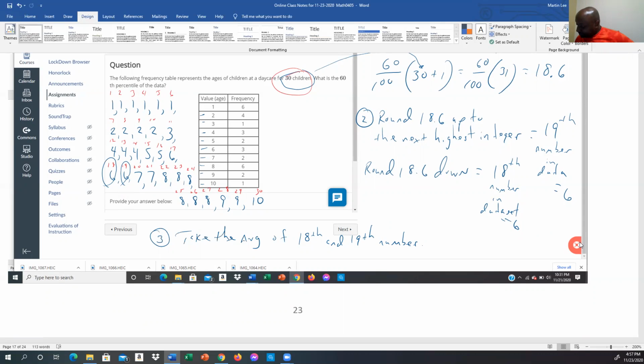So the 18th number was 6, and then the 19th number was 6. And then we divide that by 2. Well, this 12 divided by 2, which equals 6. And so this 6 represents the 60th percentile.